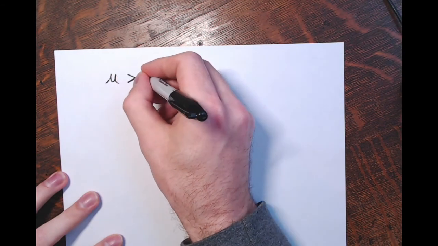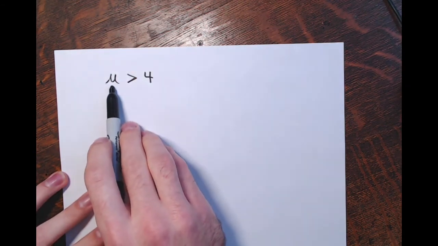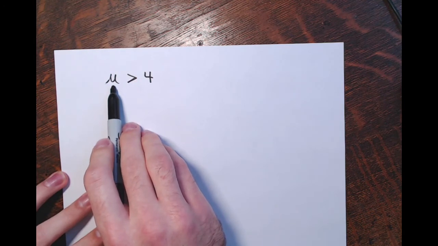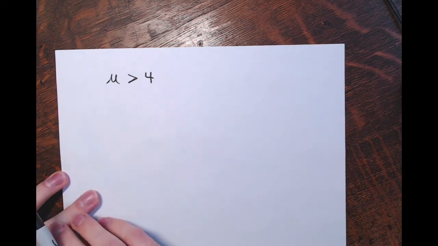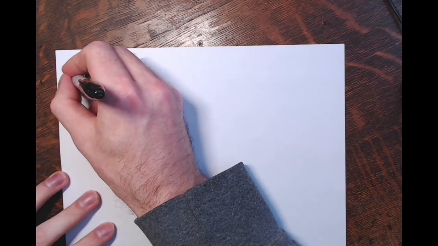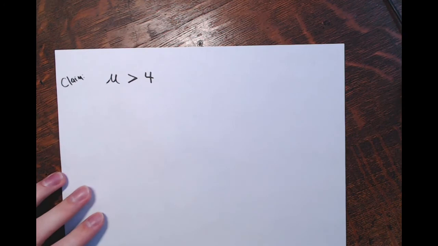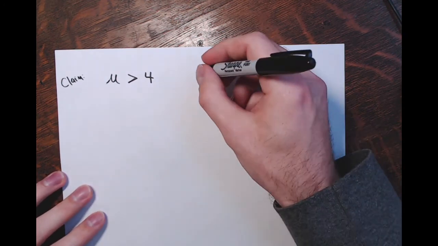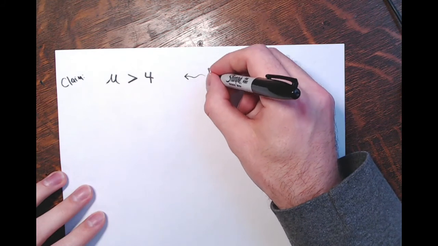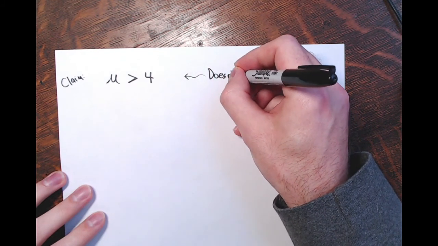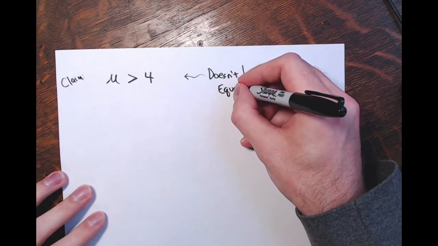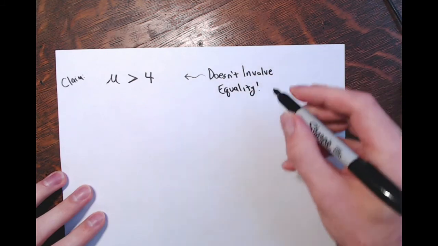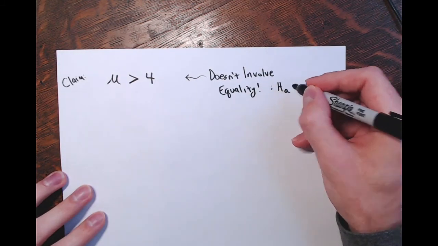So mu, this average number of times a mortgage was paid after the grace period, is greater than 4. I guess we could consider this the claim, since that's what they want to figure out. Notice that this doesn't involve equality, meaning it's going to be represented by the alternative hypothesis.